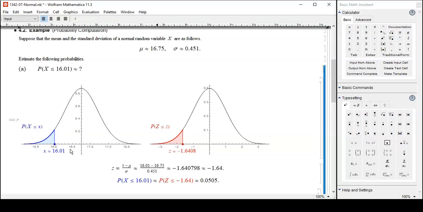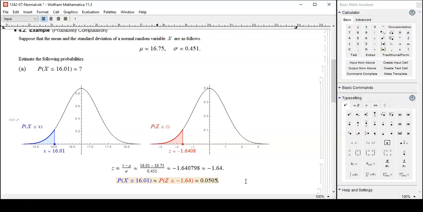Only the first picture is necessary. Once you calculate the z-score, x minus mu over sigma, we get the z-score, and that is the standardized value. So you can use the standard normal table, and in the end, you get the CDF value, the left-hand side shading, 0.0505 in this case. That's how you do it.